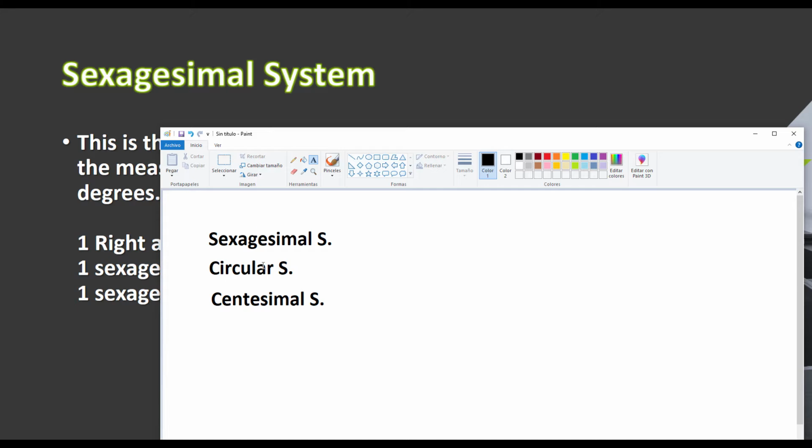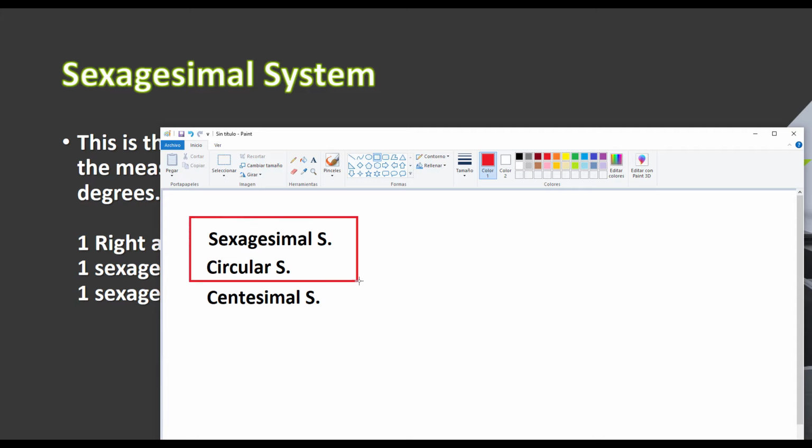These are the systems of measurement of angles. We will not see the centesimal system, because that system is for very big measurements of angles, for example, the angle of the Earth and the Sun.